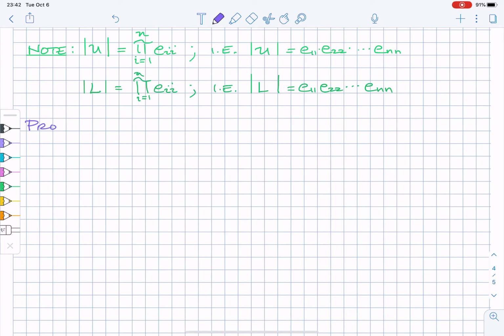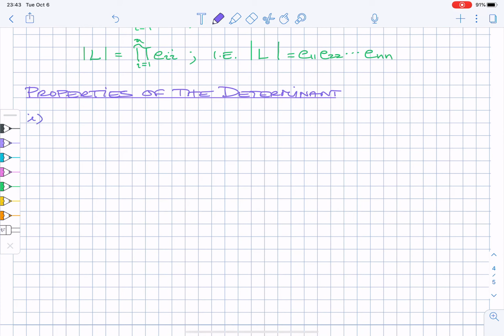Properties of the determinant. Okay, so number 1, the determinant of an upper triangular matrix is equal to the product, as my index counts from 1 to n, of E sub index index.